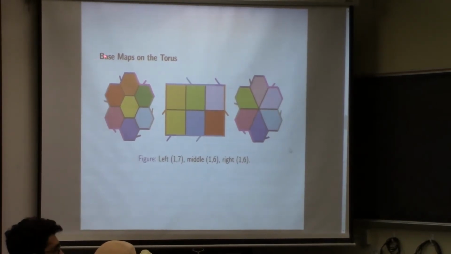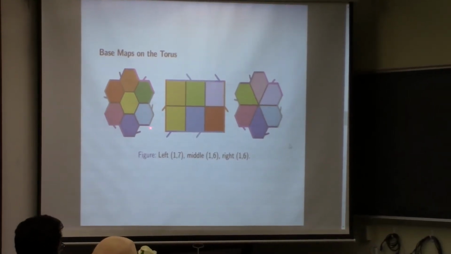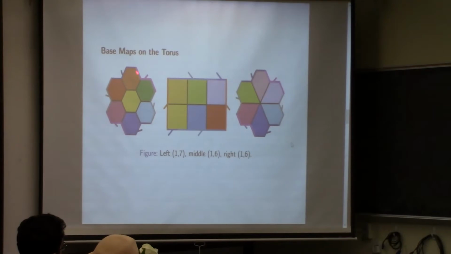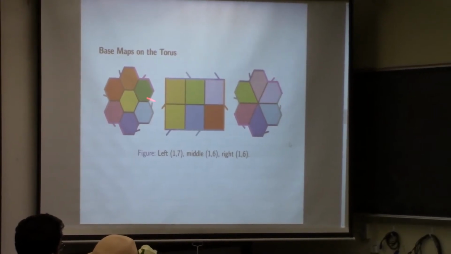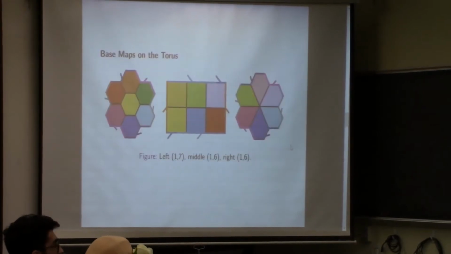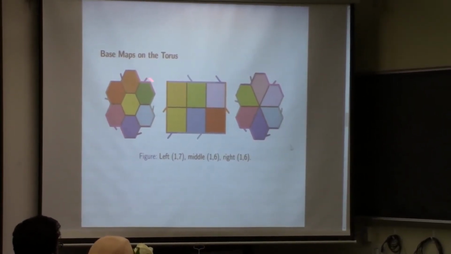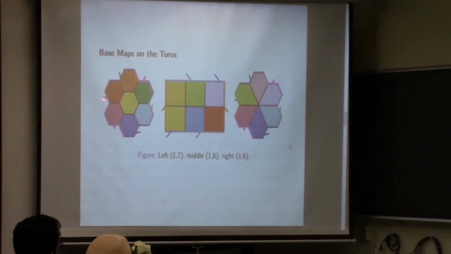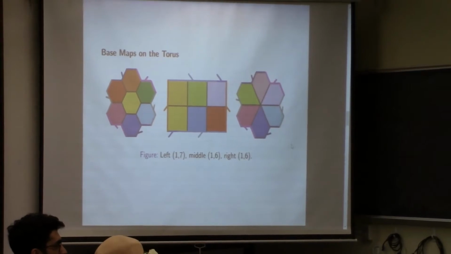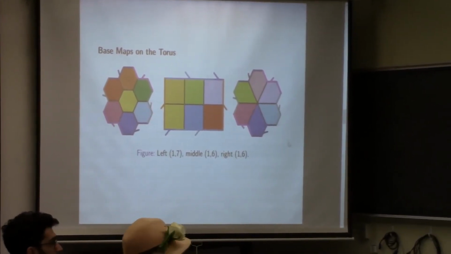So it's actually a hexagon, even though it has a lot more vertices than a hexagon should have. But since we glue them like this, they fold up like this, and then we get a torus. Okay? And then this has 7 colors, and when you fold it up, you can check that all of the regions touch each other. So this diagram is a way to represent this physical model.